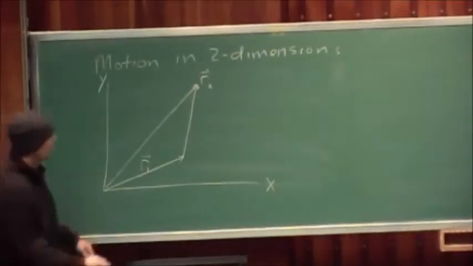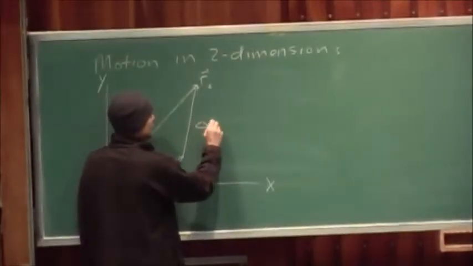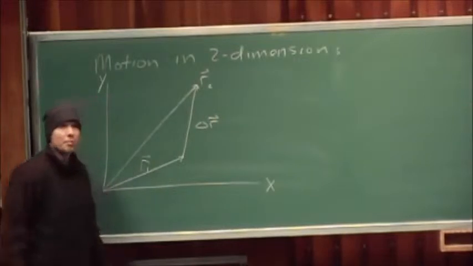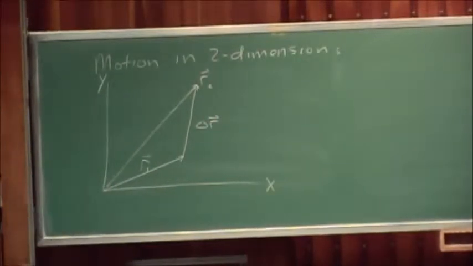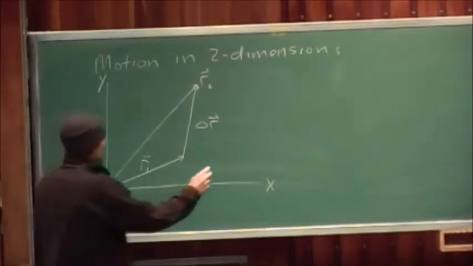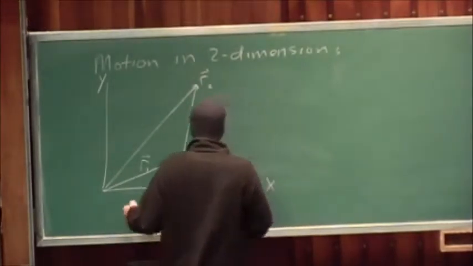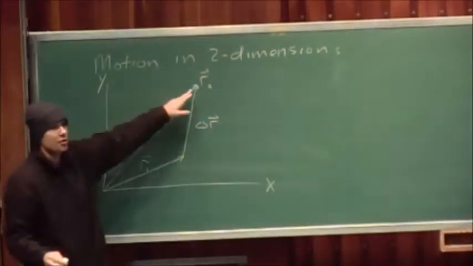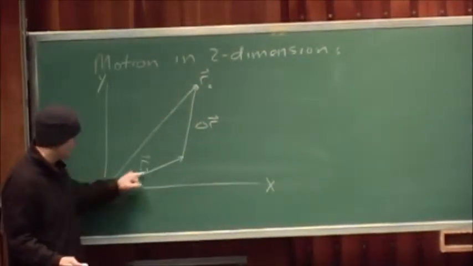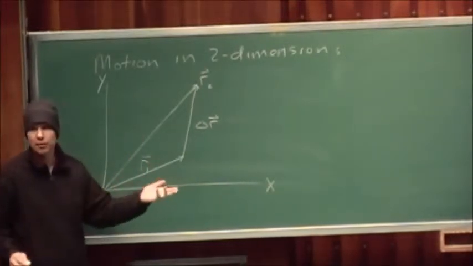Now, we're going to call this delta R, which means that it is the change in the position of R. Now, we all know how to do this. We've looked at the algebraic sum of vectors, and we know what I need to do to get to R2. We're basically going along R1 and then delta R in terms of an algebraic sum.